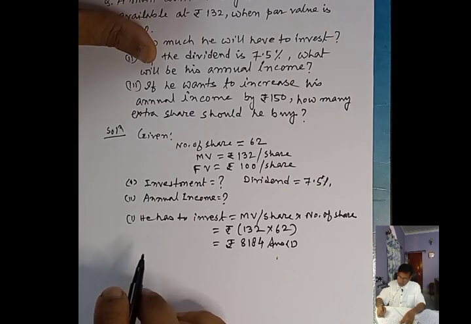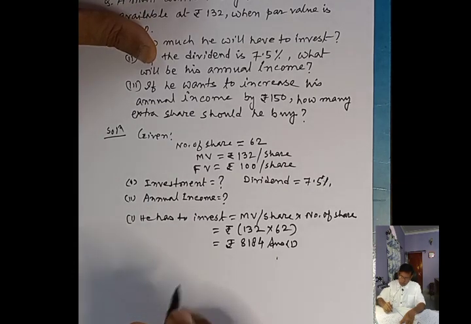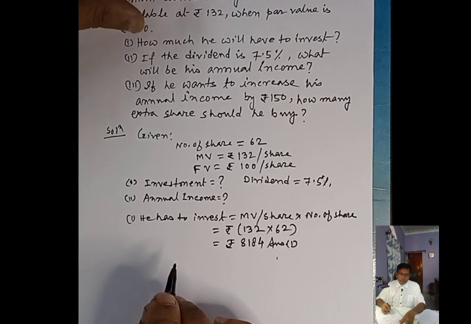For 2, annual income. Dividend per share is given.